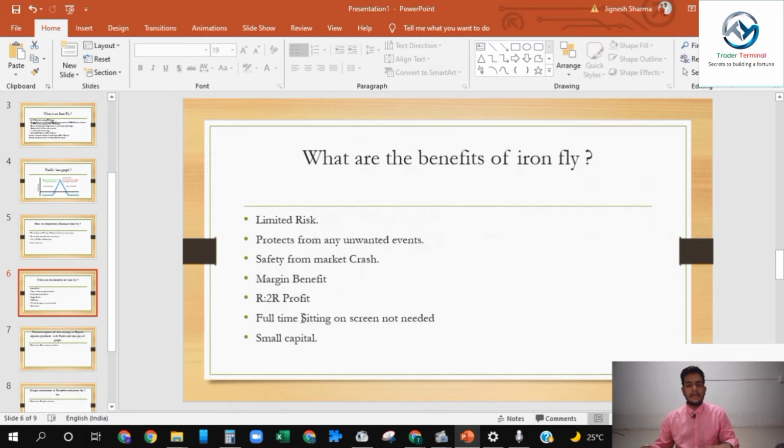Sitting on the screen full time is not needed, so you can chill if you want. On a day to day basis, you can check your M2M, how your position is benefiting you. It needs small capital. So these are the benefits of the iron fly strategy.